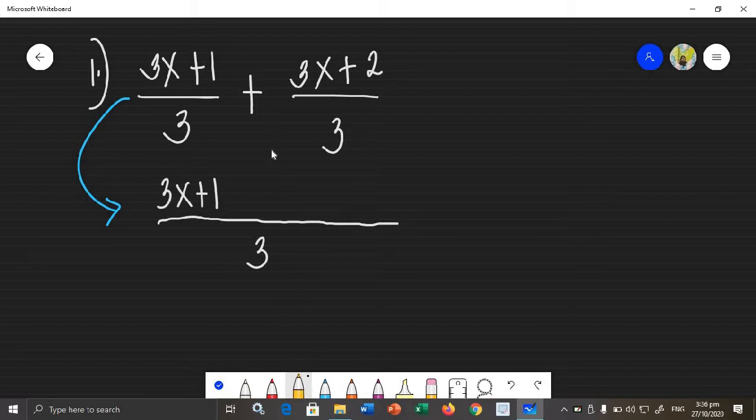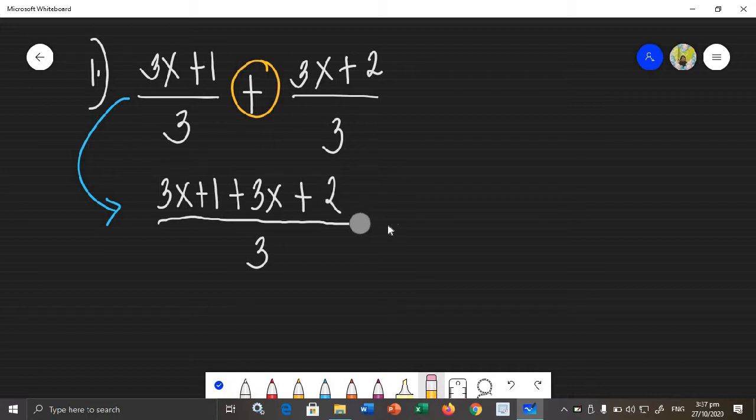In this part, we must be very careful because we will distribute the sign, or multiply the sign to the given here. So, positive times 3x, the answer is positive 3x. Positive times positive 2, the answer is positive 2.